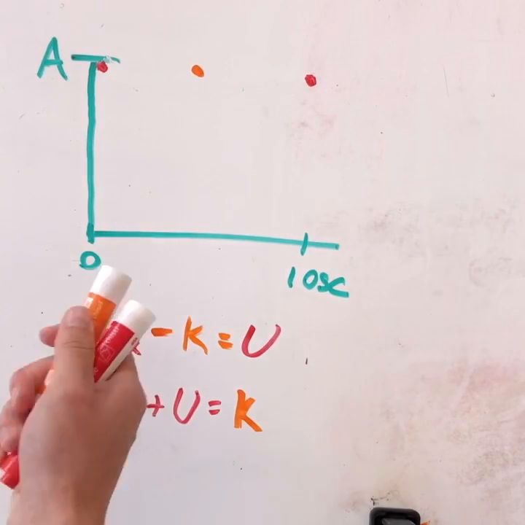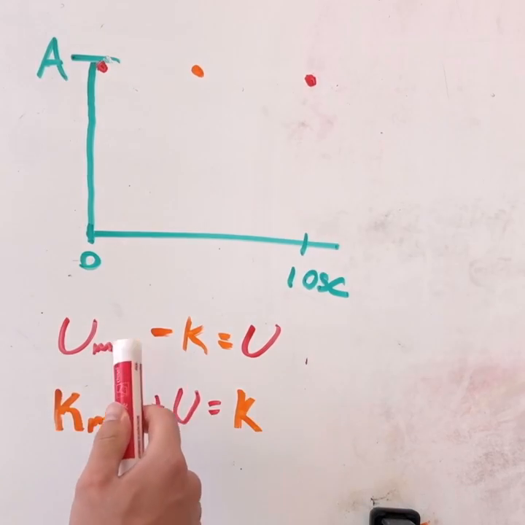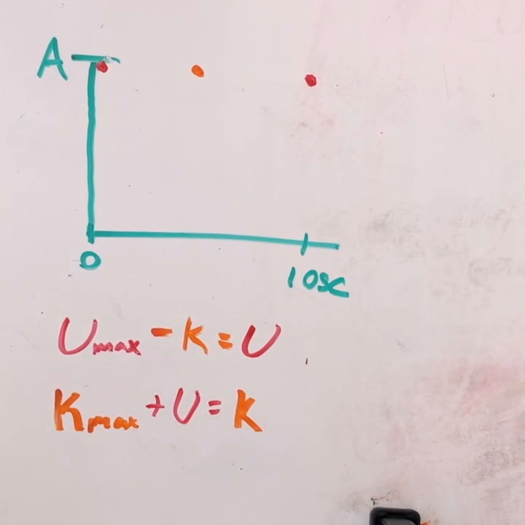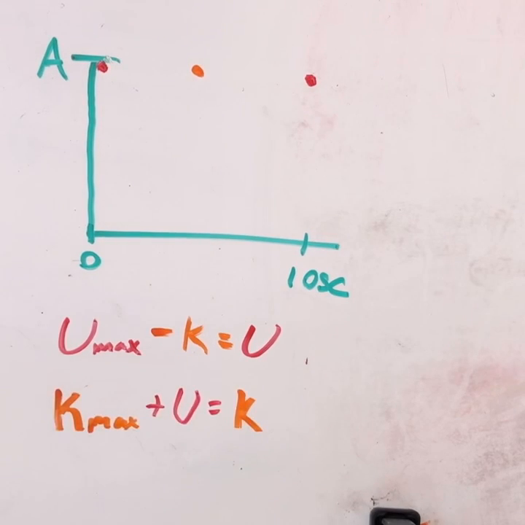So now, how does this look on a graph? Well, if we converted all of the potential energy into kinetic, so if we subtracted K max from U max, what would it equal?